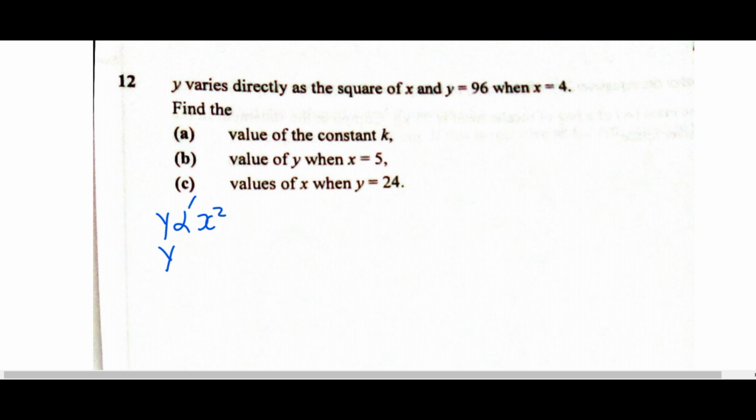So y changes into an equal sign, and immediately after the equal sign, you introduce k, which you multiply by x, so this is our y equals kx squared. Then we can find the value. For us to find the value of k, we are going to use these two numbers here. Where there is y, we put 96 is equal to k, then here we have x is 4 squared.